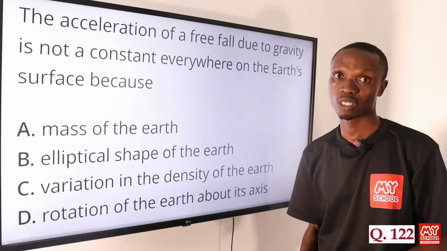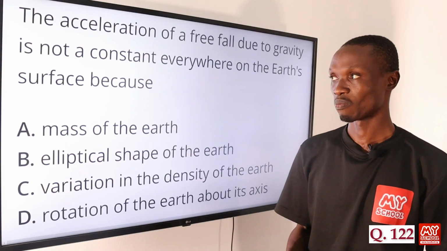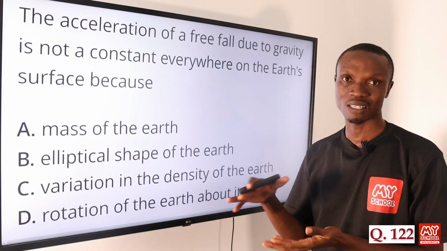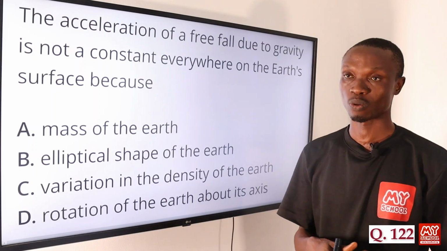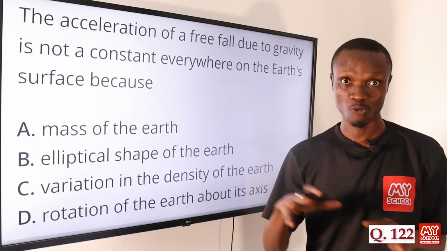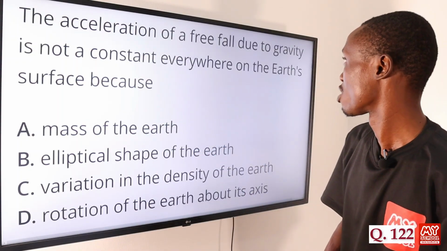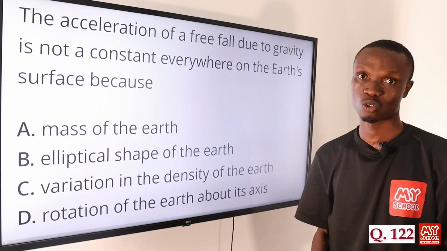Now, one thing we must note is that the Earth is not a perfect sphere. The Earth is slightly flattened at the poles and bulging at the equator. So this causes the acceleration due to gravity not to be uniform throughout the Earth's surface. That makes option B the correct answer to this question.